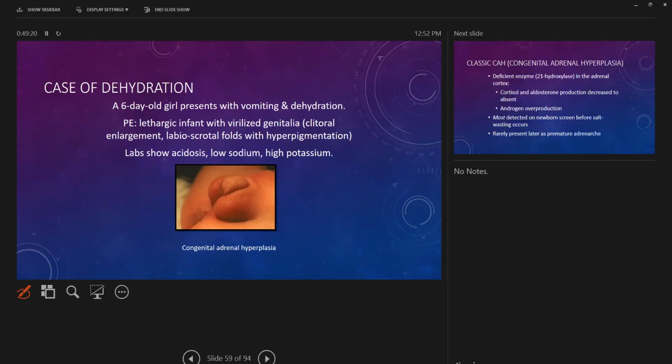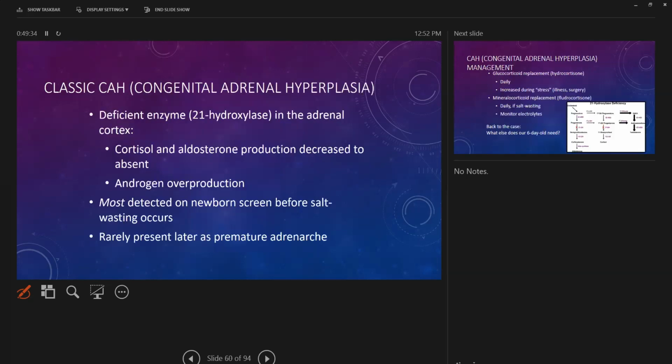If you see this, the problem is that the adrenal glands are causing increased release of androgens and causing congenital adrenal hyperplasia. So classic congenital adrenal hyperplasia is secondary to a deficient enzyme, 21-hydroxylase, in the adrenal cortex.